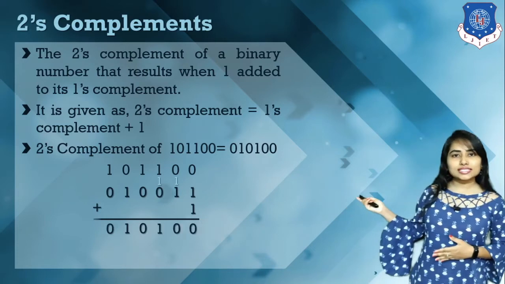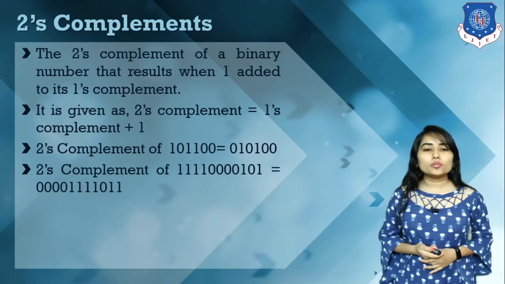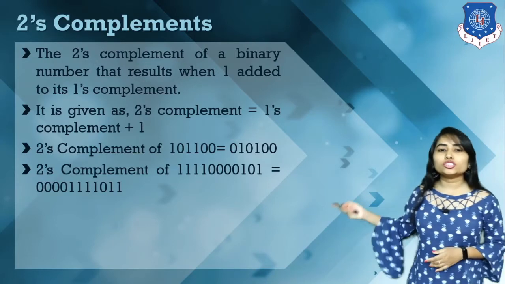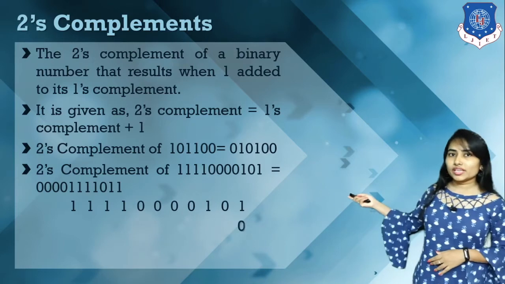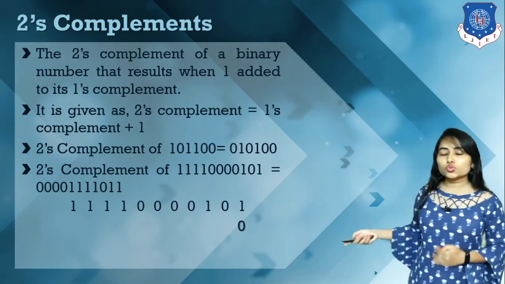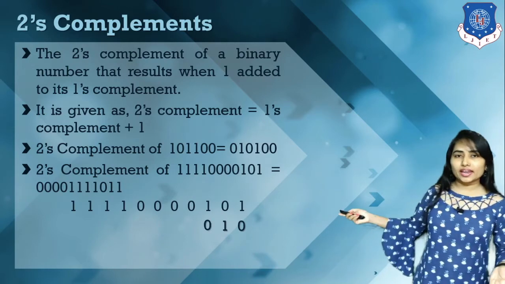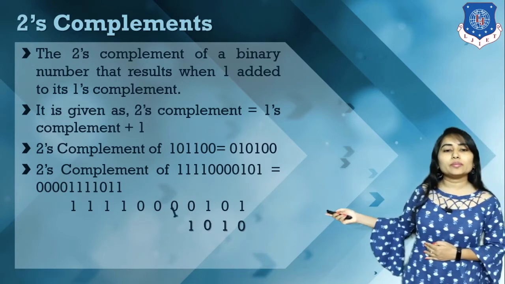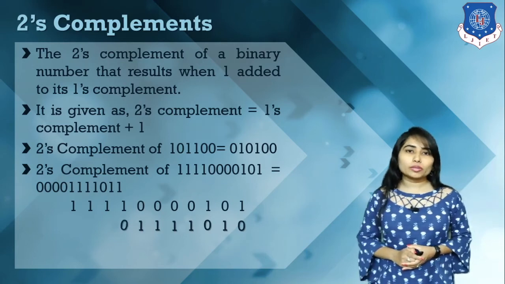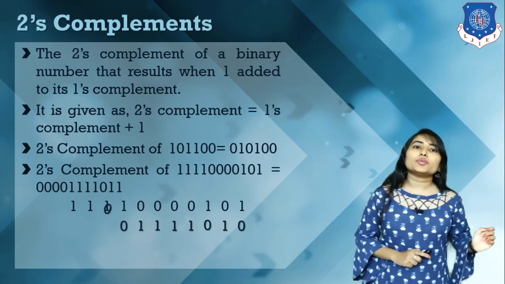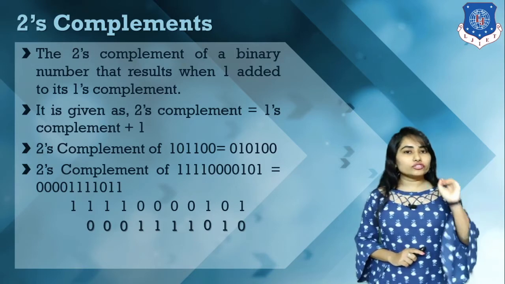Now let's take another example of how we can calculate 2's complement for this binary number. Here we have our binary number like this. Replace these binary patterns with zeros and ones like this, then add 1 to the 1's complement. This is how we can calculate 2's complement. Remember, here we perform binary addition for the addition of this 1.